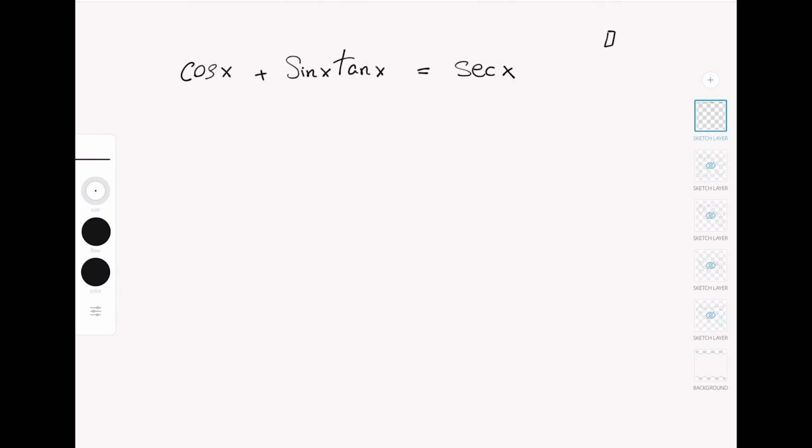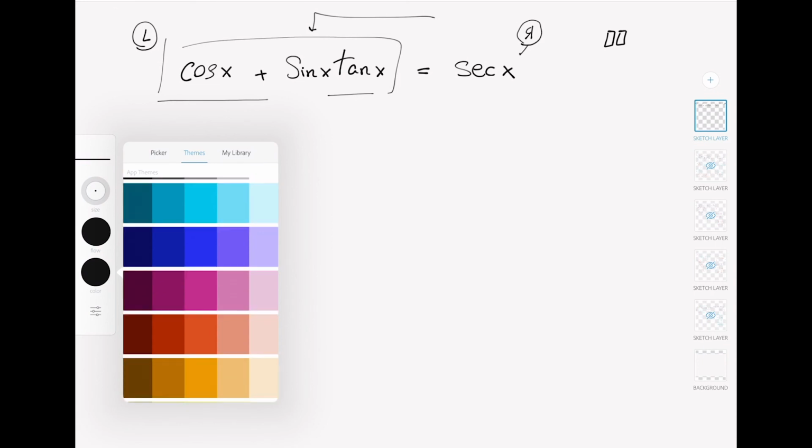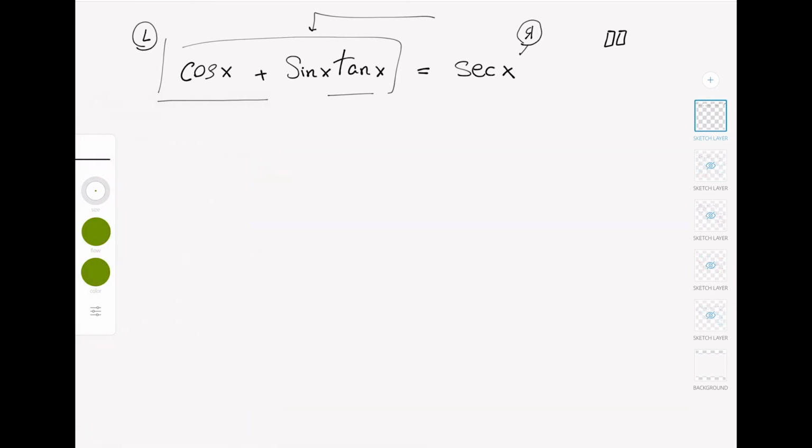Again, it would be good if you pause the video, verify it, and then watch. I go from the left. Why left? Because we have something to start with. You can also start from the right, but it would be super challenging to come up with that much from secant of x.